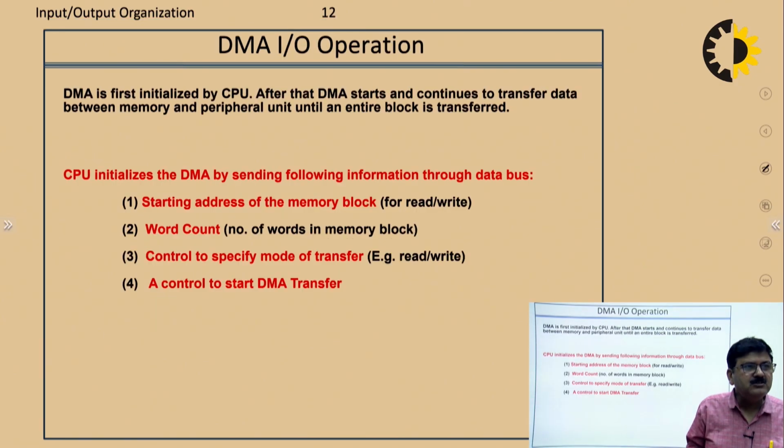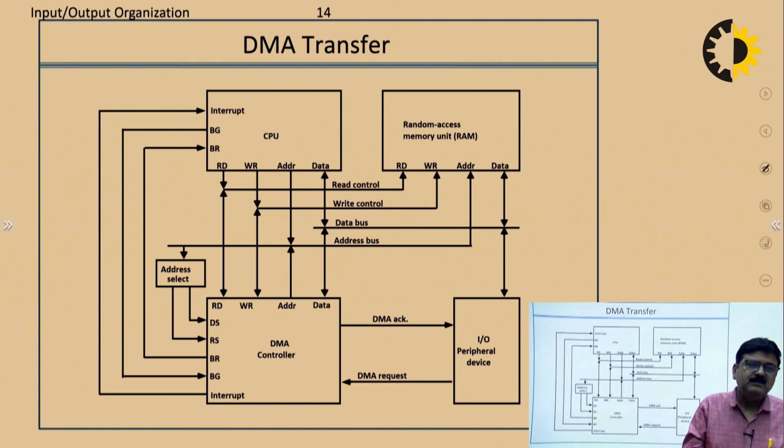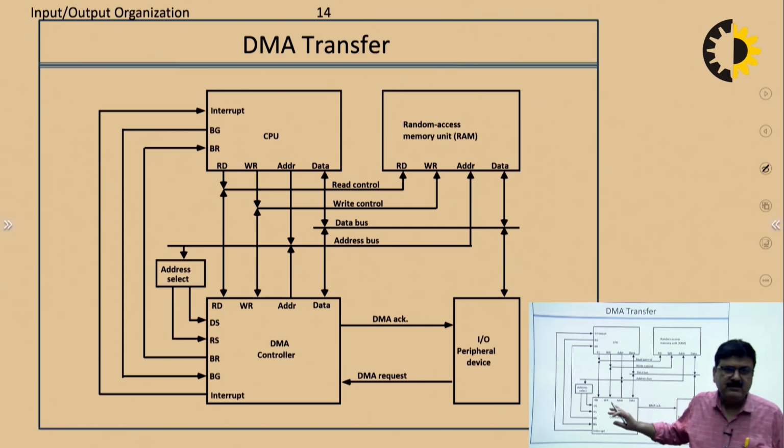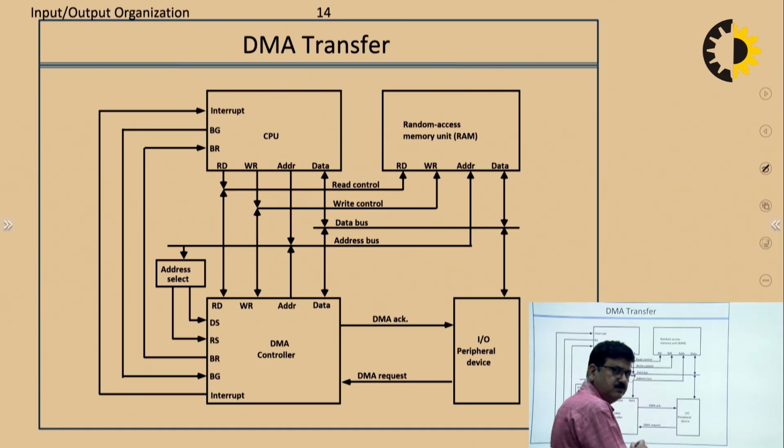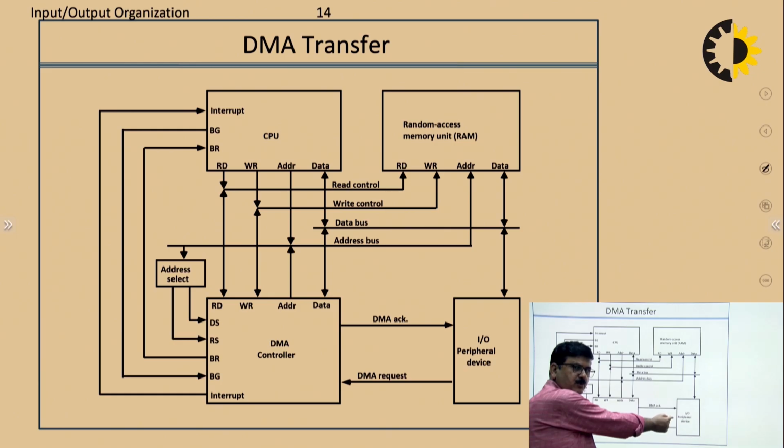So now we understand why we use the DMA. So how does it work? You can say this is one way of the block diagram. You can say this is the input output processor.